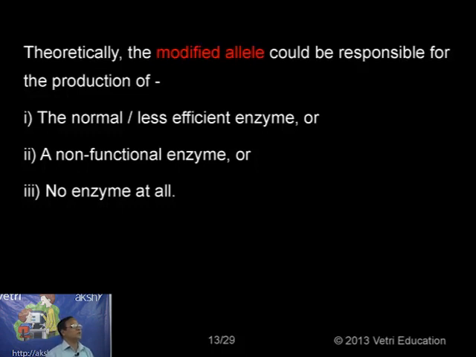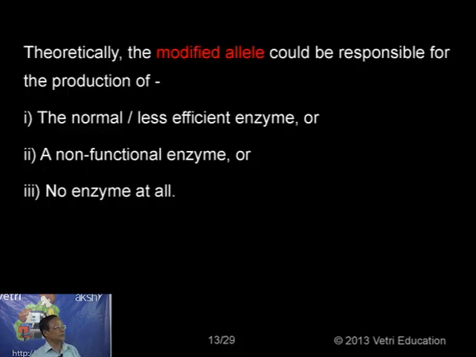So what is the ultimate effect? In the first case, the modified allele produces an enzyme similar to the enzyme produced by the normal allele, and it is also similar to the normal allele in the expression of the phenotype.